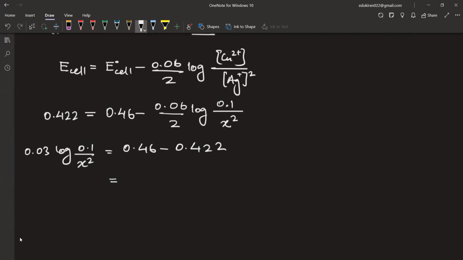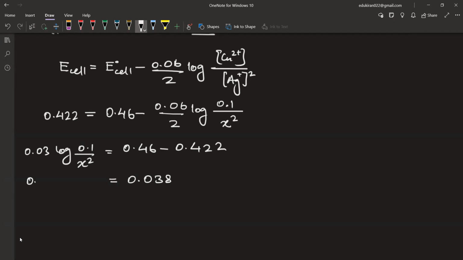How much will this be? What will this be equal to? 460 minus 422, 60 minus 22, 38, so 0.038. Yes, sir.